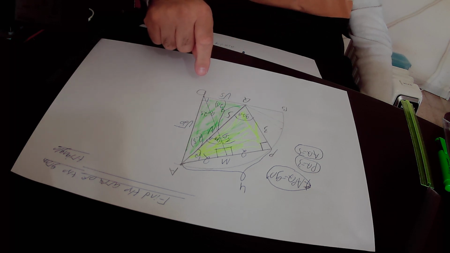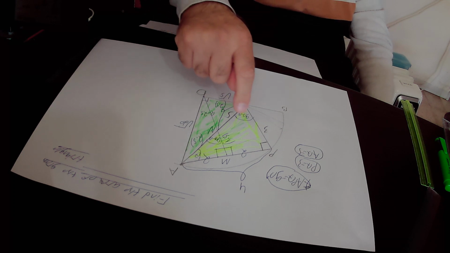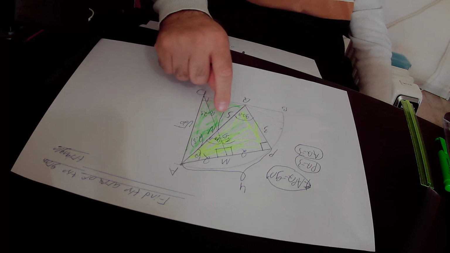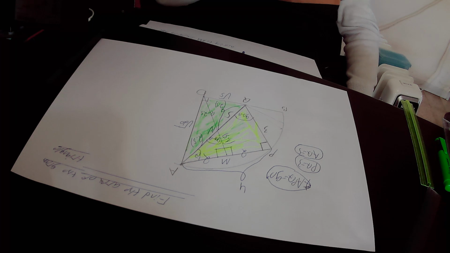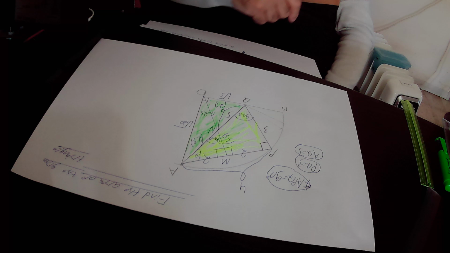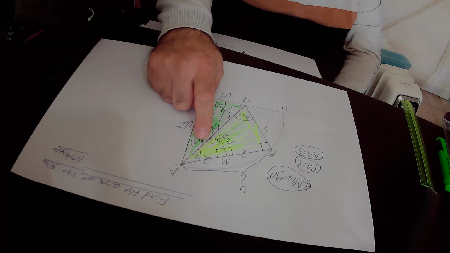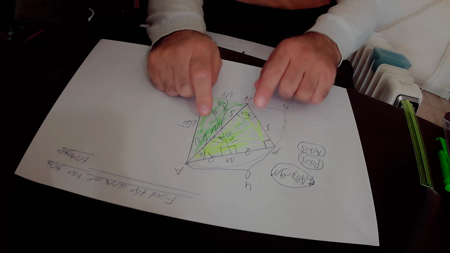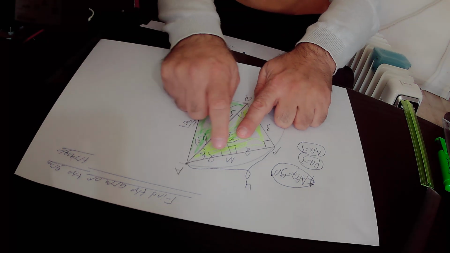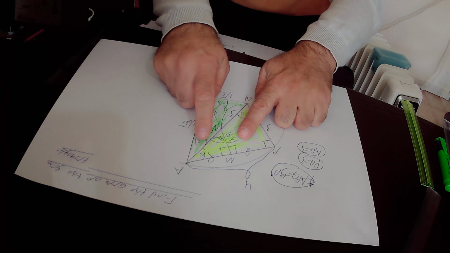Okay, then we define the intersection point between perpendicular OM and chord AQ as N. Then we defined angle PAQ as theta. So if you focus on the right angle triangle AMN, this angle equals theta.